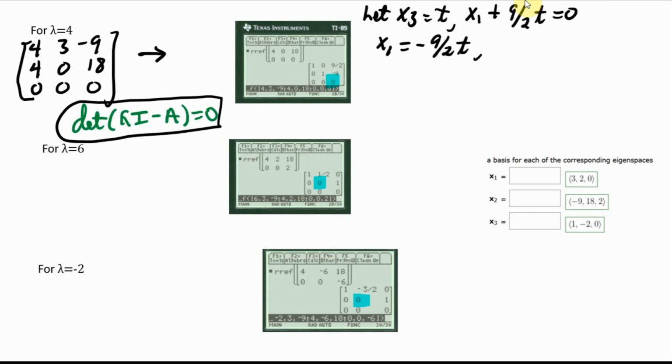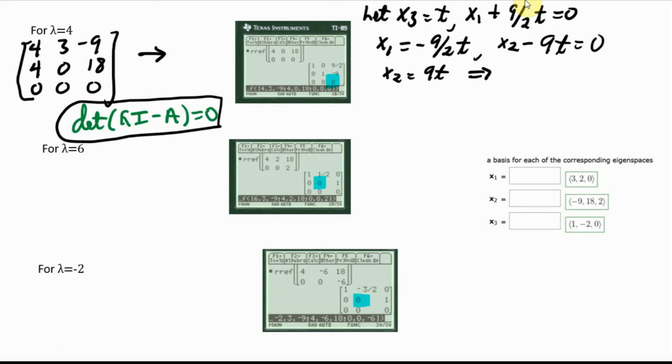Now that second equation is x sub 2, is that a -9? I got it so small. -9t is equal to 0. So here that gives us x sub 2 is equal to 9t.